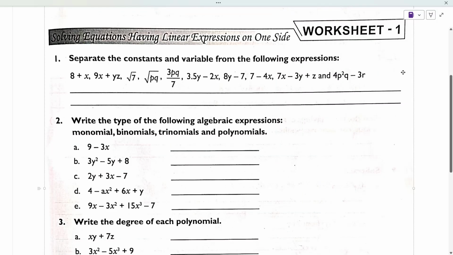So the first part says 8 plus x, right? So wherein we can do what? That 8 is obviously the constant and x is representing the variable, right?